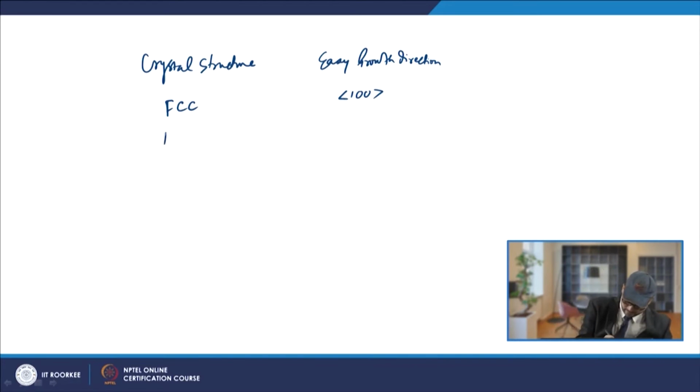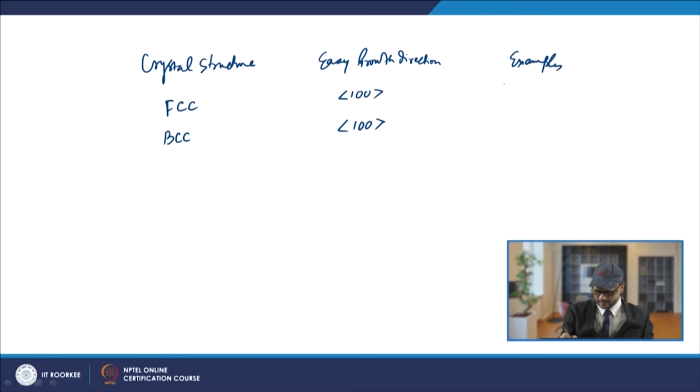Similarly, for BCC crystals, having the BCC structure, again the easy growth direction is 100. Typical examples of FCC are aluminum alloys and austenitic stainless steel, and for BCC you have carbon steels and ferritic stainless steel.